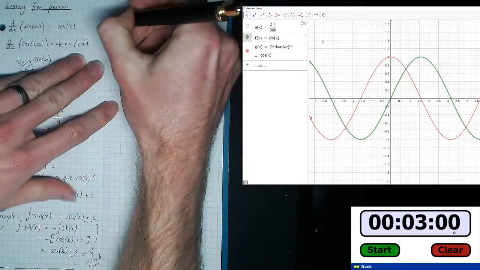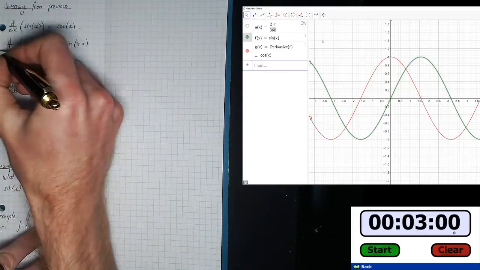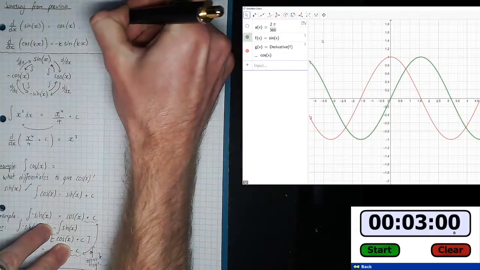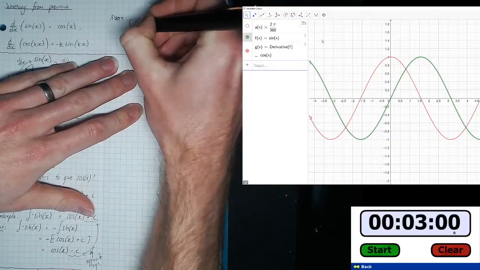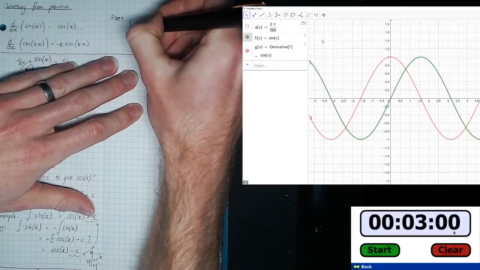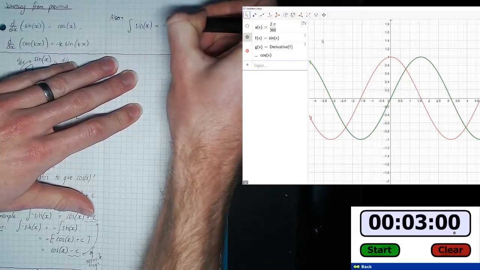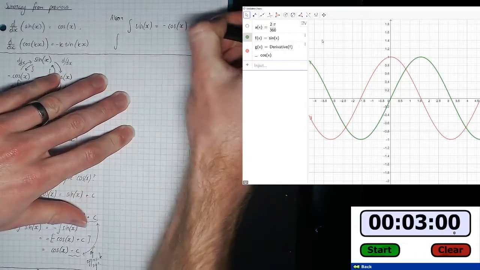So thinking about our little summary up here, we now have that the integral of sine x is negative cos x, plus c.